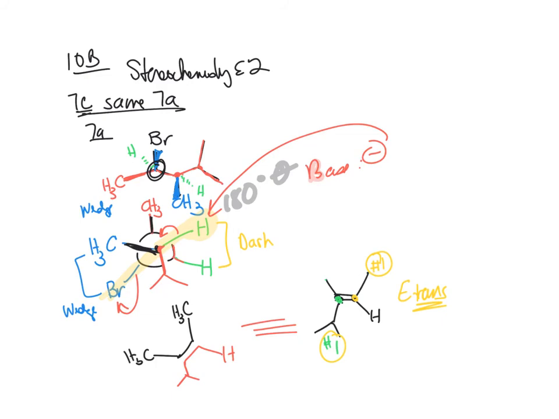Now for 7b, you have chair. Okay, so they give you this problem here, and it's not in the right conformation. So what you have to do when you have these cyclohexanes is you're going to have to do a flip.